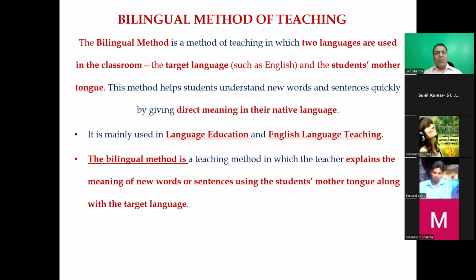So with the help of the bilingual method, you have to train the student so that he can learn the target language, which is the English language. It is mainly used in language education and in English language teaching. The bilingual method is a teaching method in which the teacher explains the meaning of new words or sentences, and uses the student's mother tongue along with the target language.